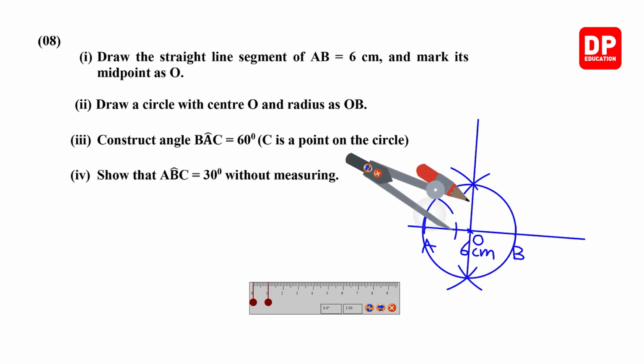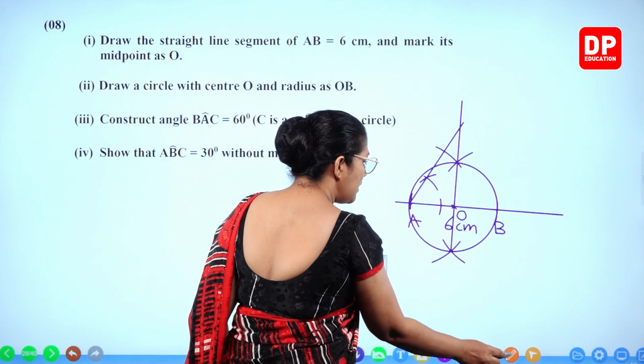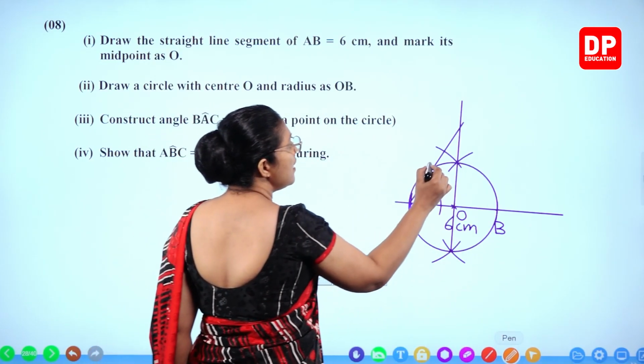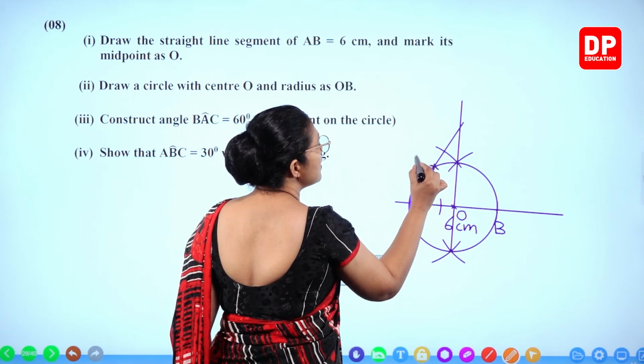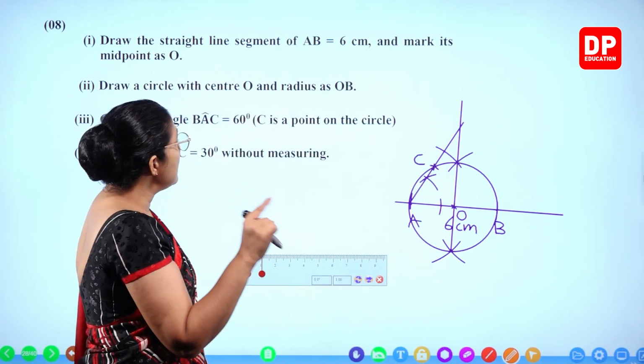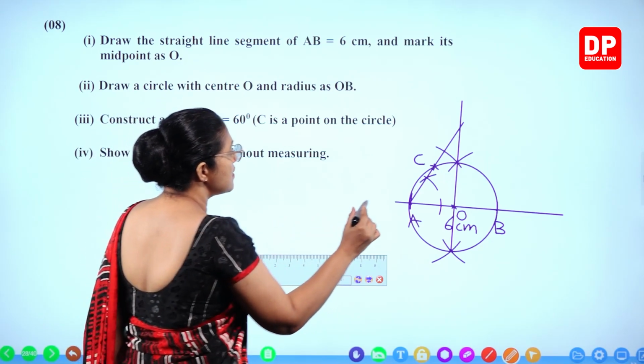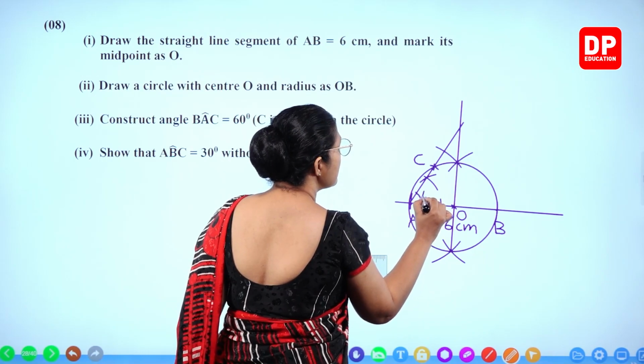Take the same length because we are using the property of equilateral triangles. Now we have 60 degrees. You can connect point A with the intersecting point. Then C becomes the point where this intersects the circle, because C is on the circle. So we can mark the point C, and this is 60 degrees.